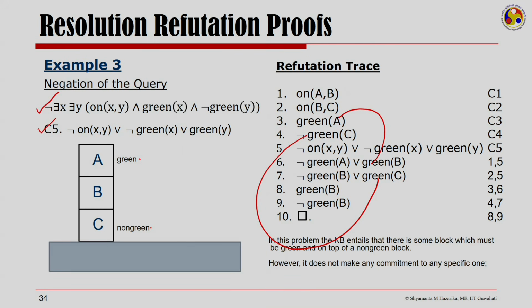Specifically, the whole resolution that I have performed does entail this existential statement, but in no way entails what is X or what is Y. So a general method for dealing with such scenarios has been proposed, and this method is called the process of answer extraction. We will look at answer extraction in our next lecture. Thank you.